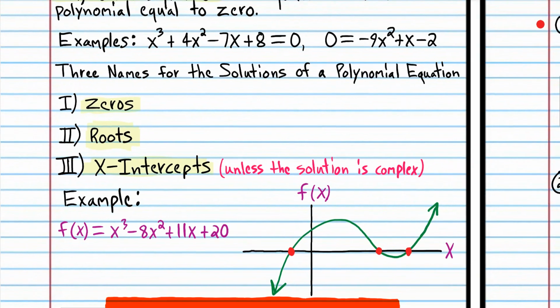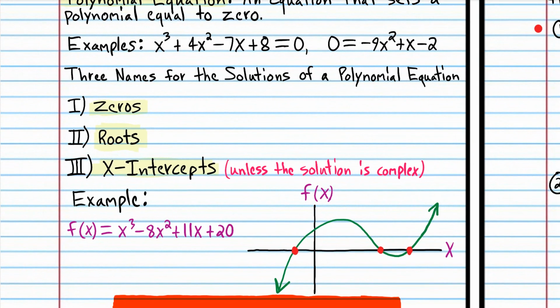Again, those are the solutions to a polynomial equation. Just be aware that if the solutions are complex or imaginary, then they don't represent x-intercepts because those are not numbers where the graph crosses the x-axis.